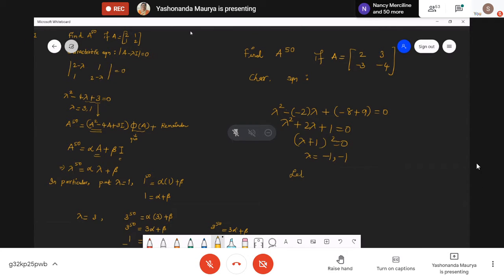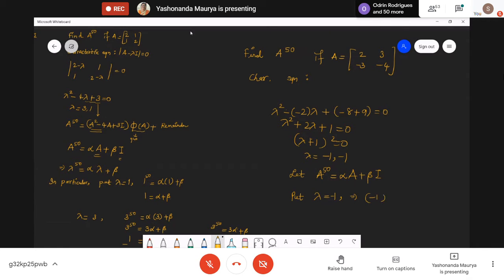So let A raised to 50 is equal to alpha times A plus beta times I. Now when we put lambda is equal to minus 1, what do we get?